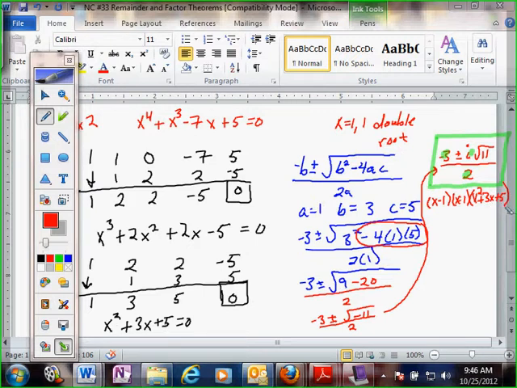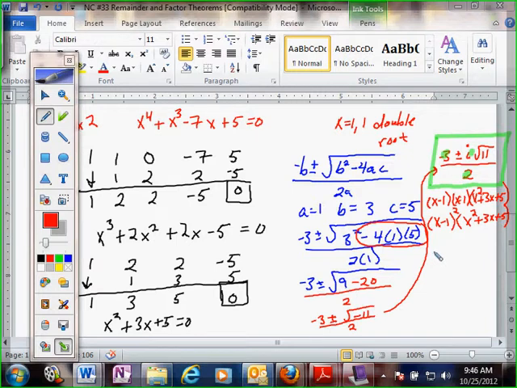And that would be the factored form, because this is unfactorable. I would have to write it like this. A little bit more simplified would be x minus 1 squared, because there's 2 of them, and then x squared plus 3x plus 5. That's how this works.